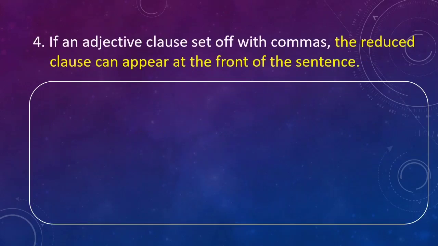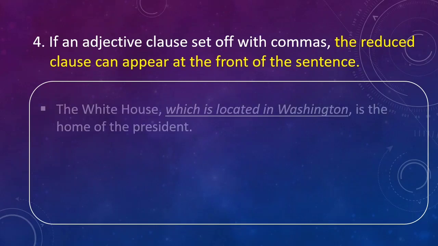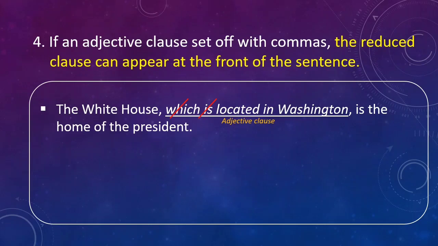The fourth, if an adjective clause is set off with commas, the reduced clause can appear at the front of the sentence. For example, the White House, which is located in Washington, is the home of the president. In this sentence, the adjective clause, which is located in Washington, can be reduced by omitting the adjective clause connector which and the to be is.